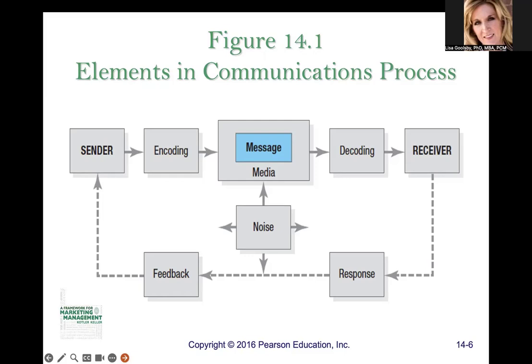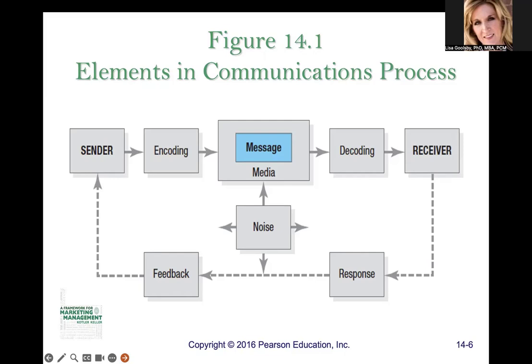They may have questions. They may put a product in a cart on a website. They may actually buy that product. They may ignore it altogether. So there's a lot of different types of feedback that a consumer can give or use in response to the message that they receive.